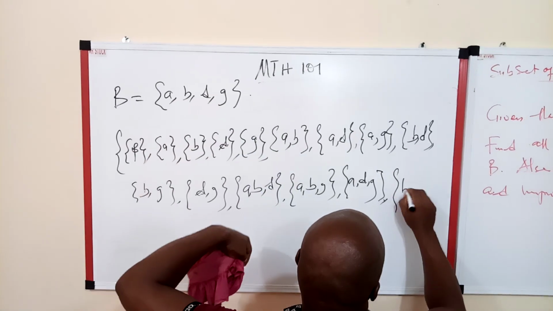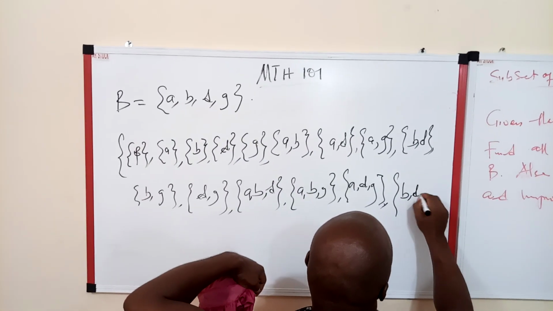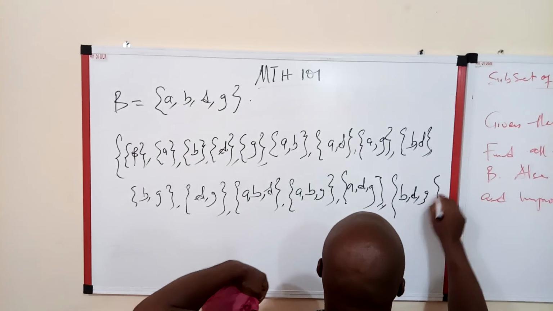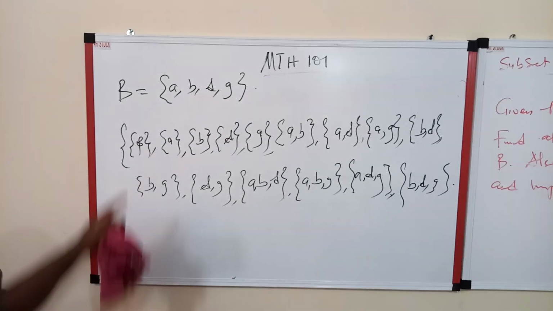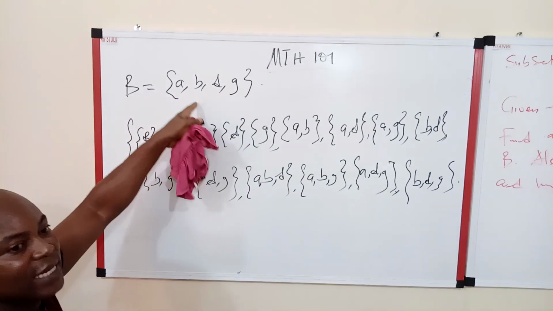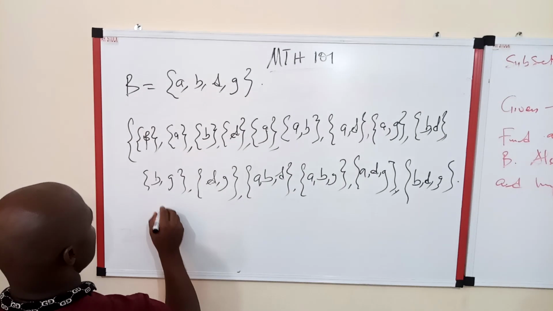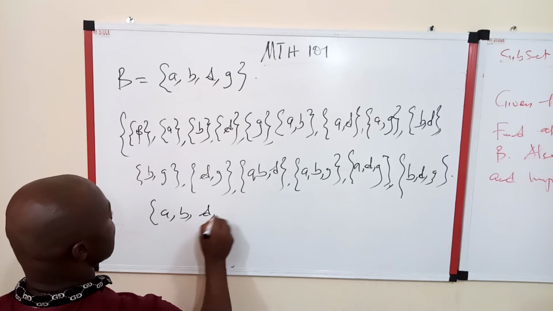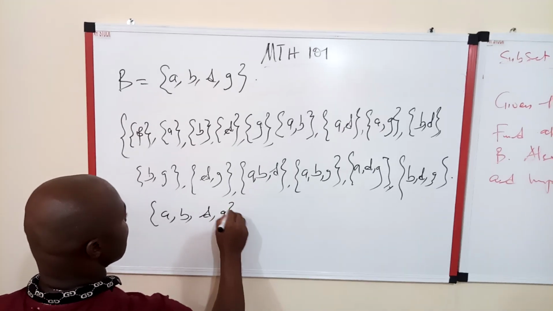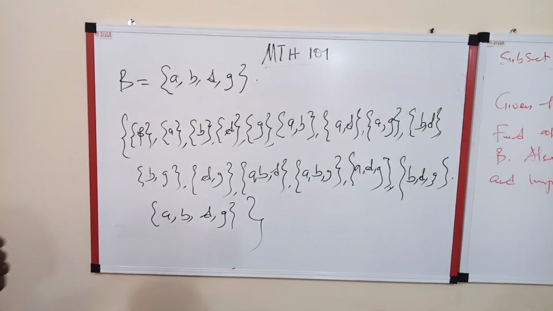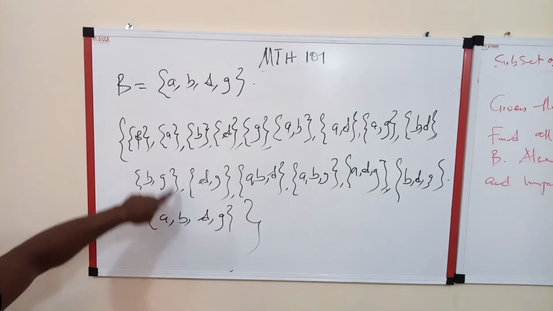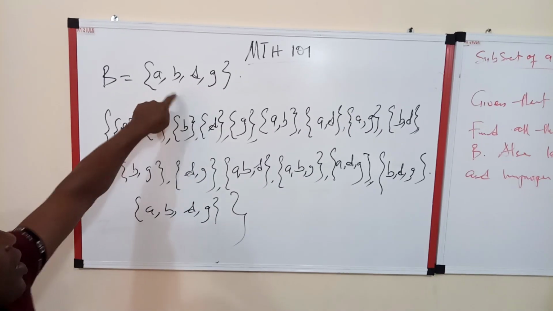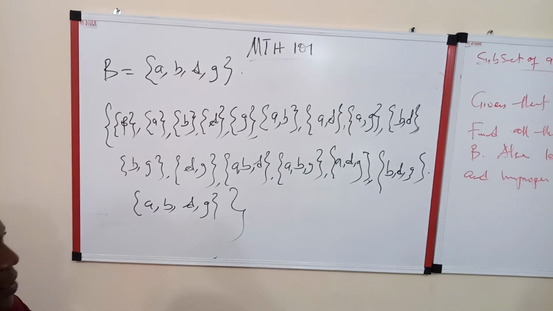We have B, D, and G is also a subset. And lastly, we said every set is a subset of itself. So you can say A, B, D, G is a subset. So you can see that what we have listed here are all subsets of this particular set.